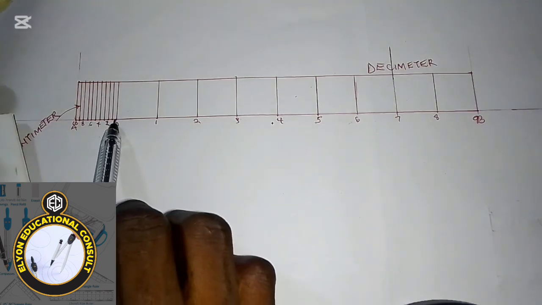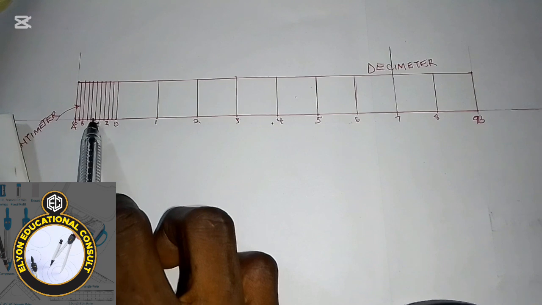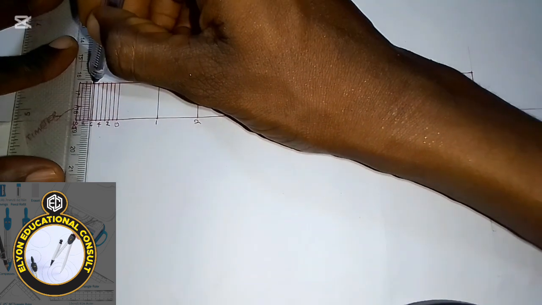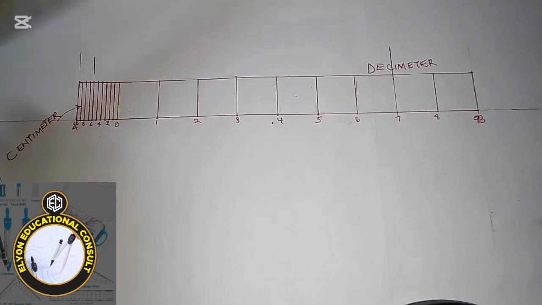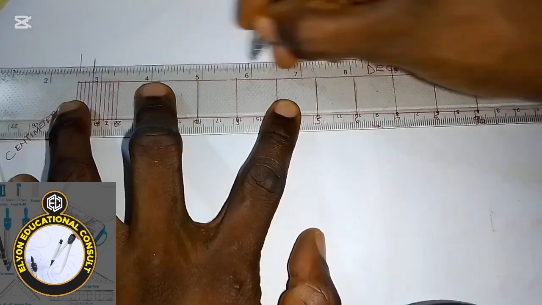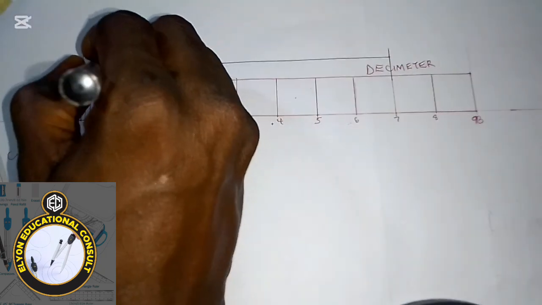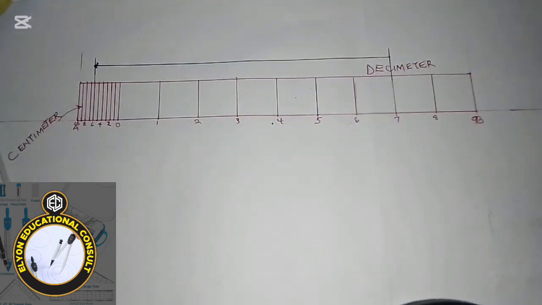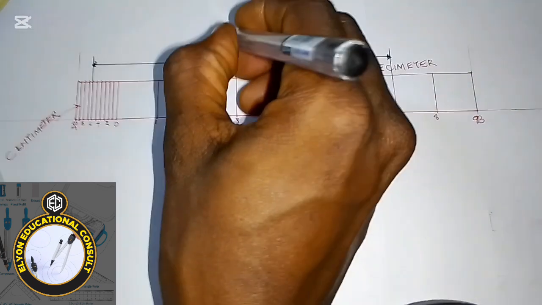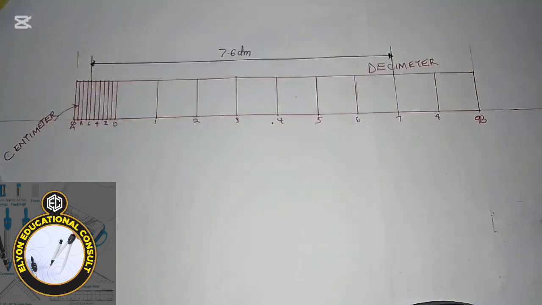So from the back, 0, 1, 2, 3, 4, 5, 6. So this is 6. This is 7.6 decimeter.